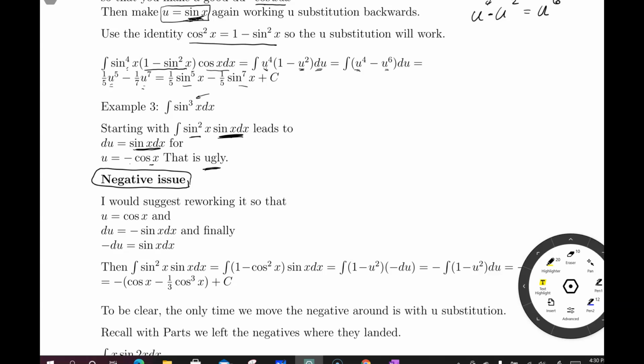So I'm going to suggest you rework it, and I'm making this suggestion because I want to help you make the least amount of mistakes. So if you go forward with this, almost always I see people making mistakes.